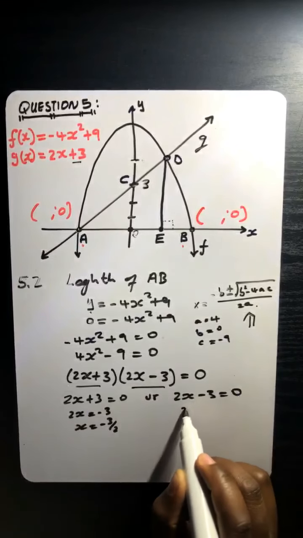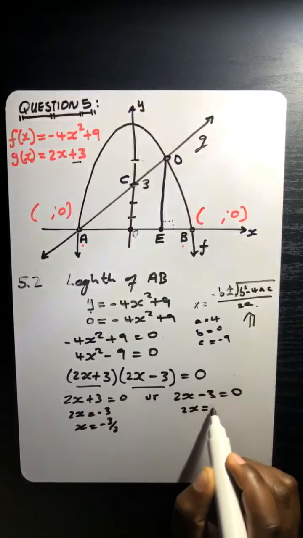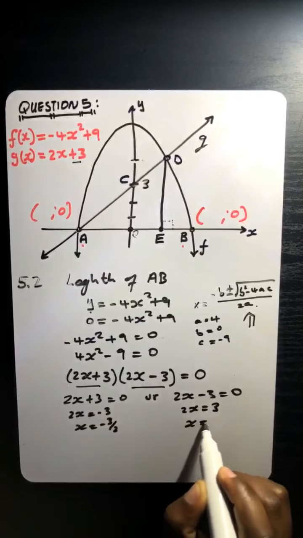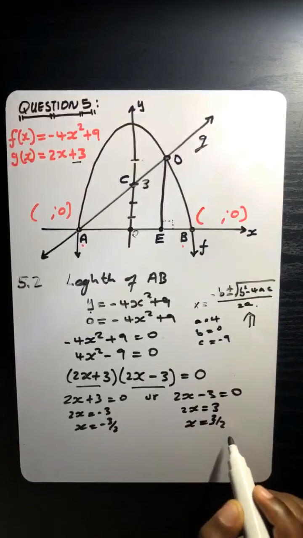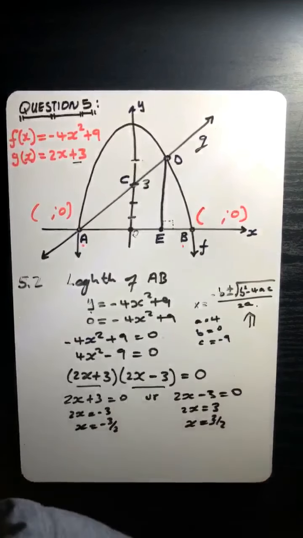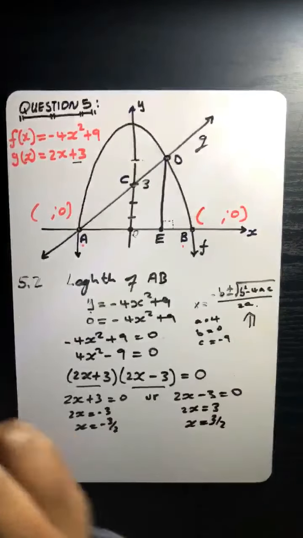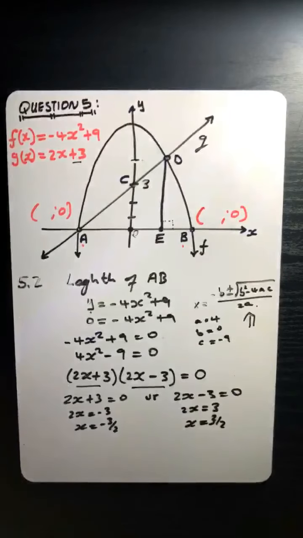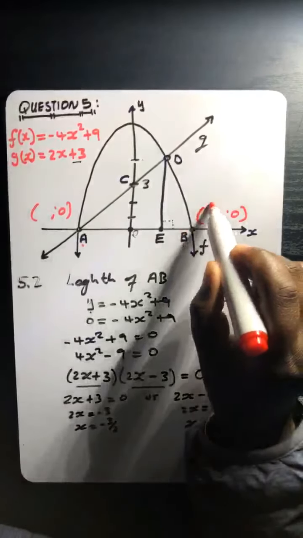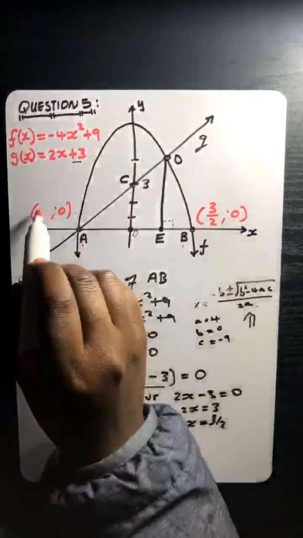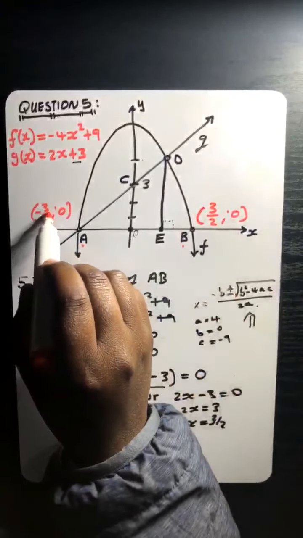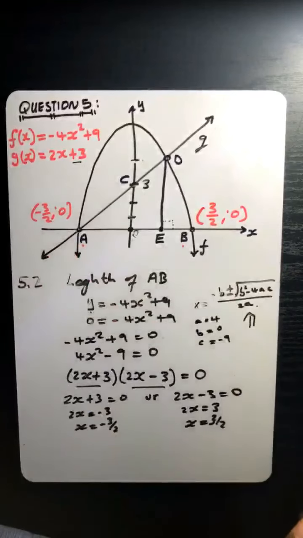On the other side, I've got 2x is equals to 3, x is equals to 3 over 2. So that means the x values of A and B, we've got a positive value being 3 over 2, which is 1.5. Also there, we've got negative 3 over 2, which is 1.5.